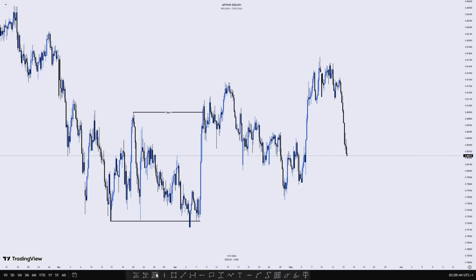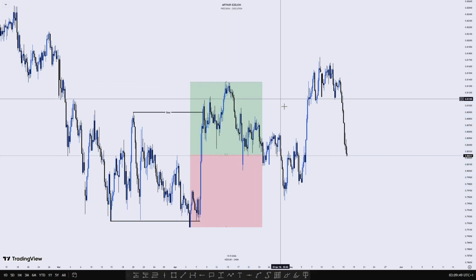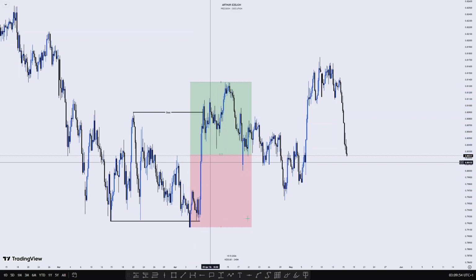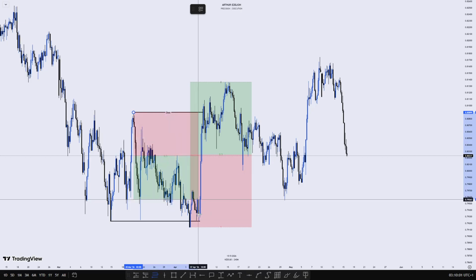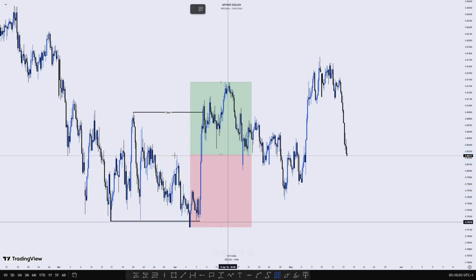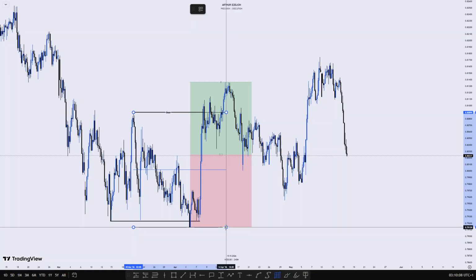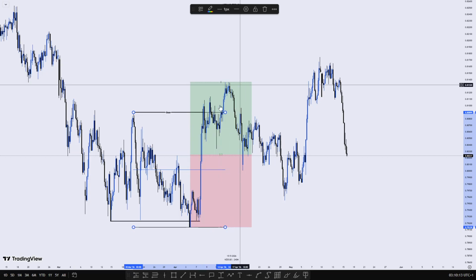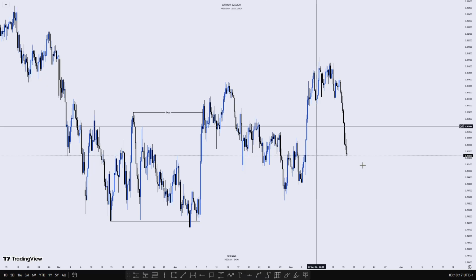But as I was trying to mark this swing structure out, I said, let me see if there's any liquidity at this point that is below 50% of a range marked from where the break of structure occurred all the way down to the swing low that is put in. Is there any liquidity that was formed? There's no liquidity. So since there's no liquidity, we are going to wait for liquidity to be formed.